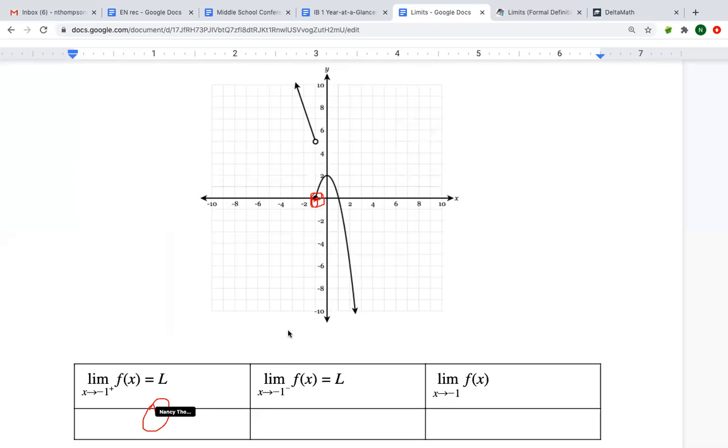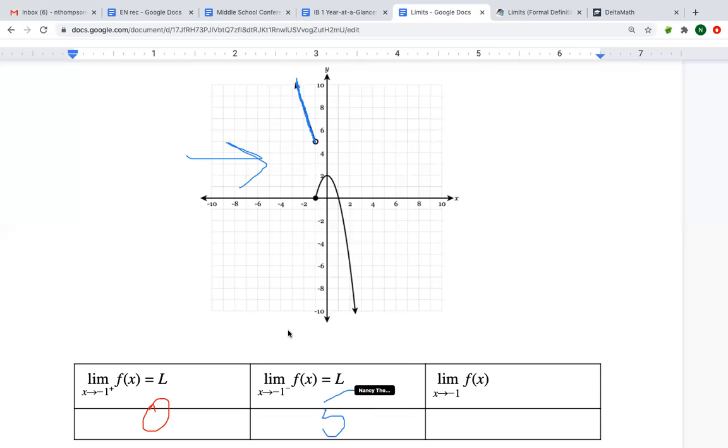Okay. From there, let's look at this next one, which says -1 from the left, with that negative notation. This time I'm coming from this direction towards -1. So we're going to follow this one down towards -1, and what number does it get close to? It gets close to the y value of 5.